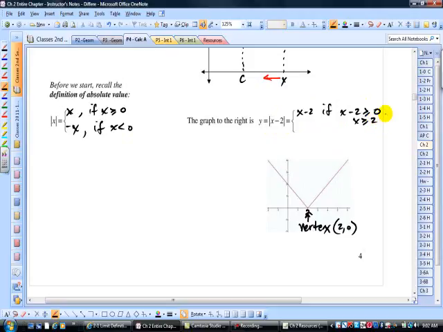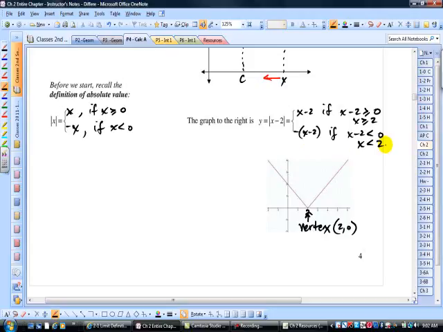That's to the right of 2. That's going to help me form the right-hand limit as we evaluate the derivative using the limit definition. And then it's equal to the opposite of x minus 2 if x minus 2 is less than 0, or if x is less than 2.